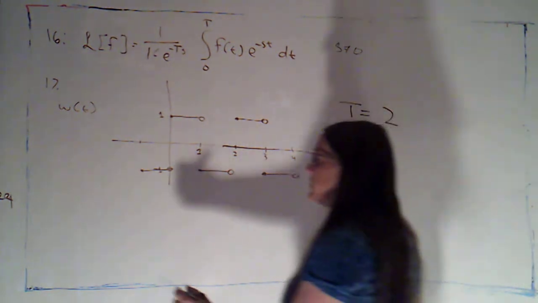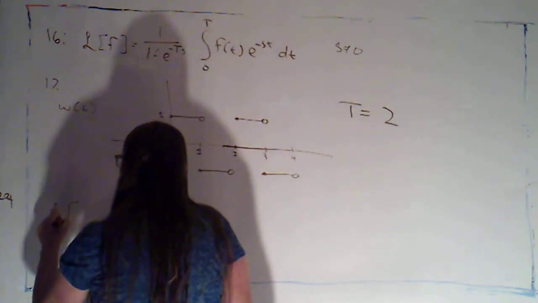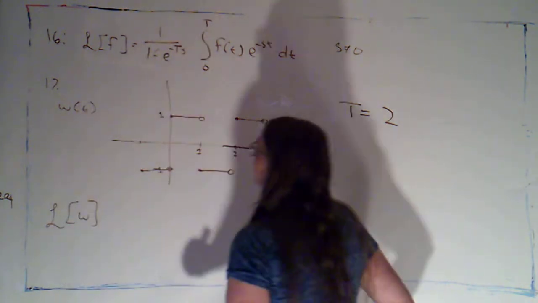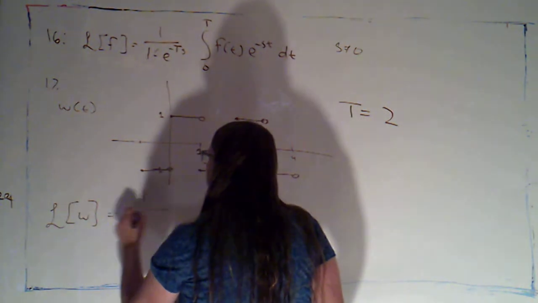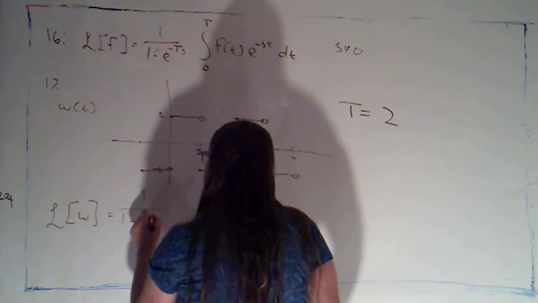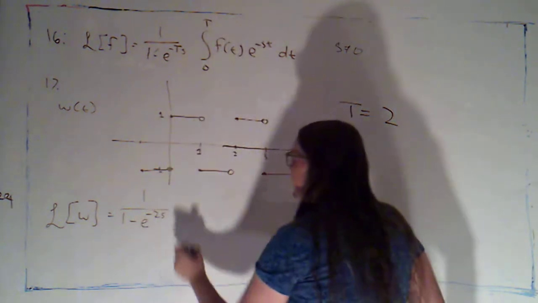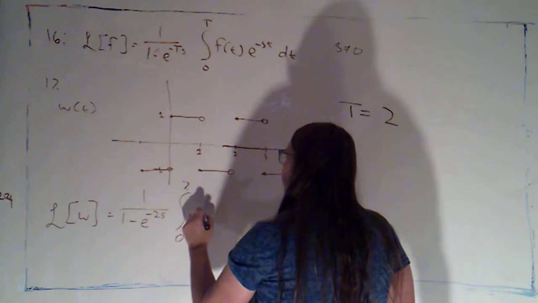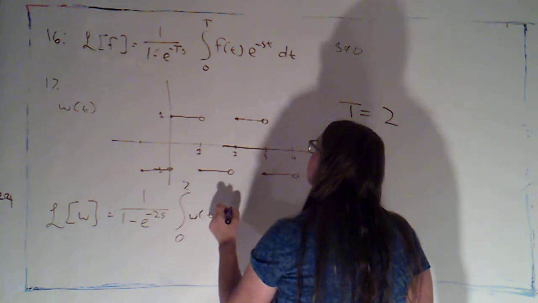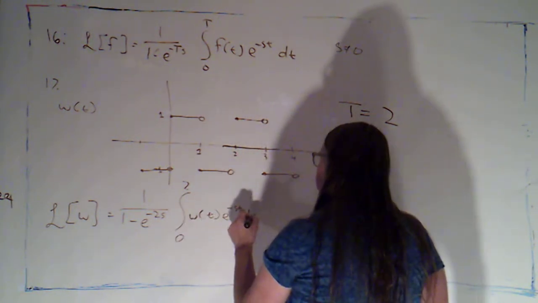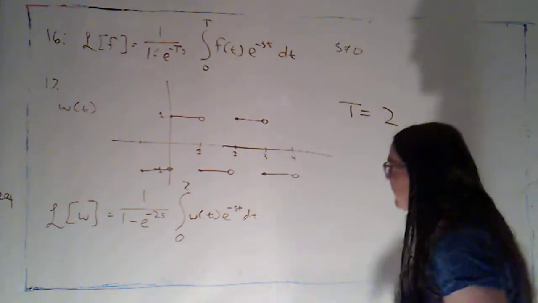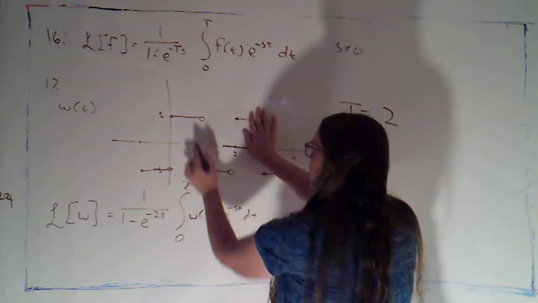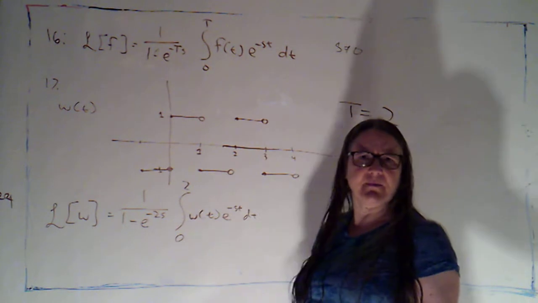So I'm going to use this formula now on this square wave function. I'm going to be able to say this is 1 over 1 minus e to the negative 2s, and then the integral from 0 to 2 of this square wave times e to the negative st dt. Now, if I'm integrating from 0 to 2, I really want to break that up into two pieces.